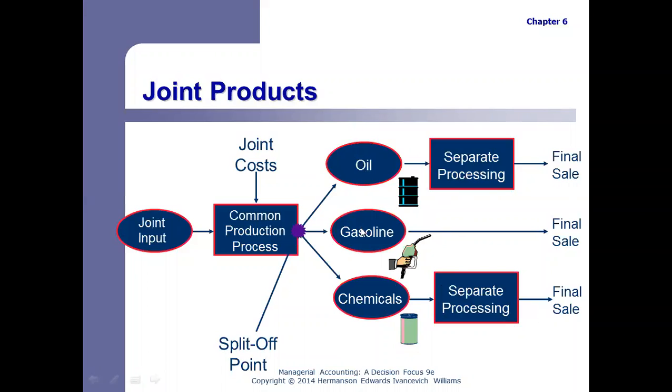I guess gasoline is gasoline. You don't do any further processing, so you sell it at the split off point. However, oil you can sell as crude oil at the split off point, or you can process it more to make a more refined oil and sell it later for a higher price.